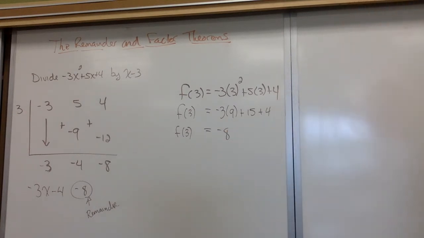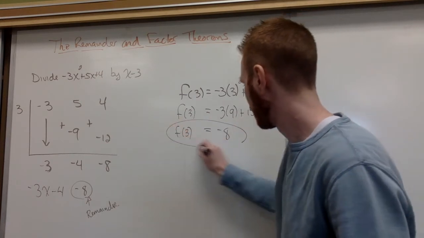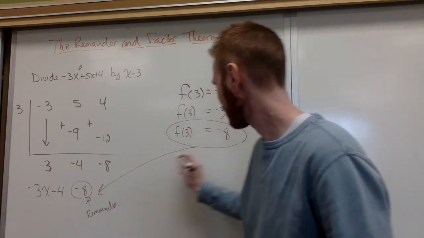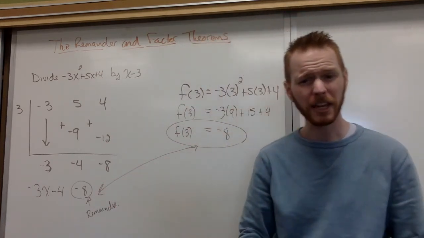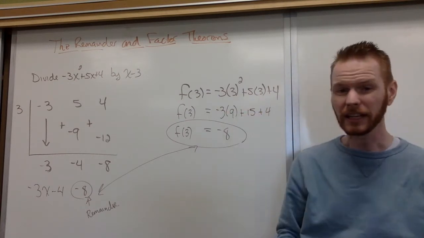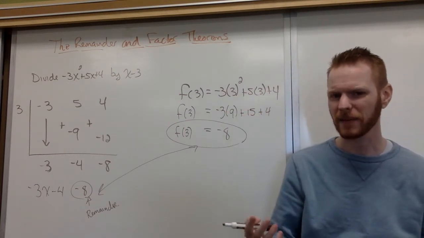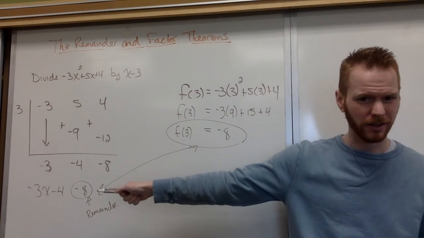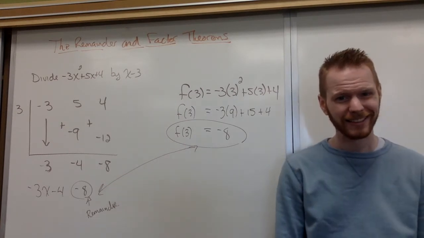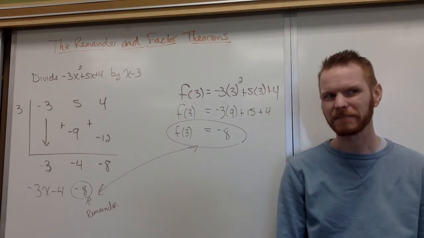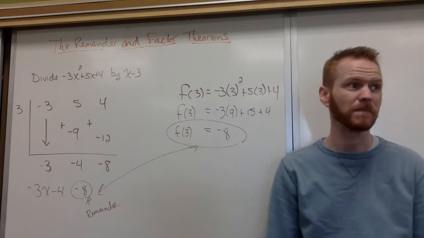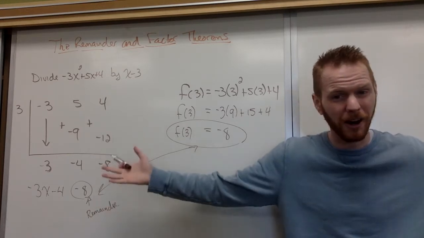This is quite curious. If I take what I'm dividing by and substitute it into this function, I get the same answer as the remainder as if I divided it. That's an interesting little behavior, pattern, phenomenon, whatever you want to call it.